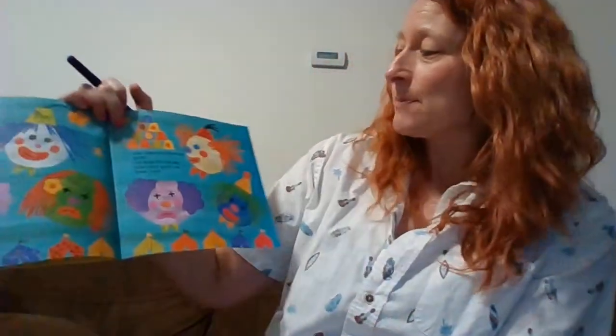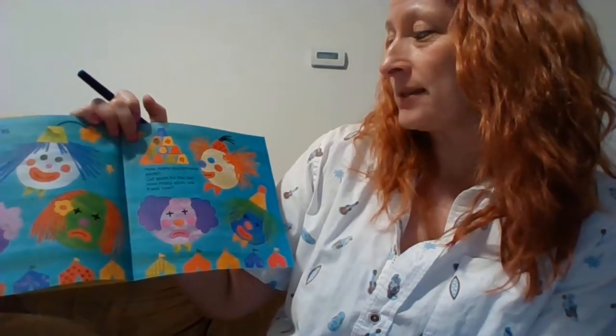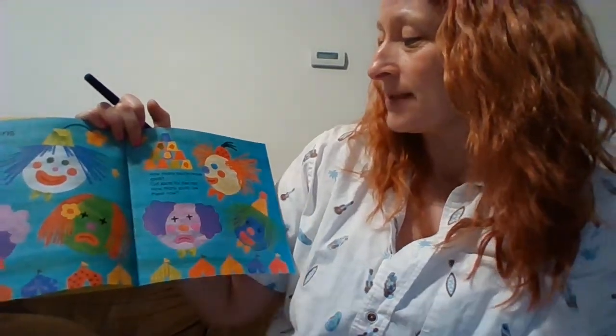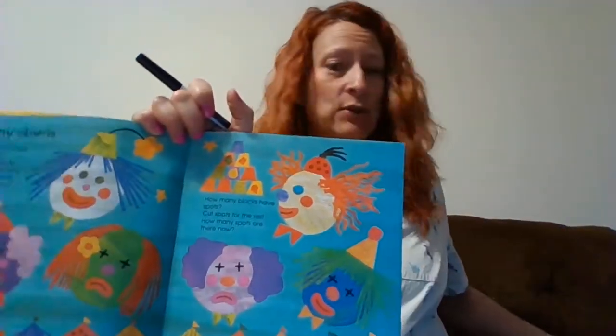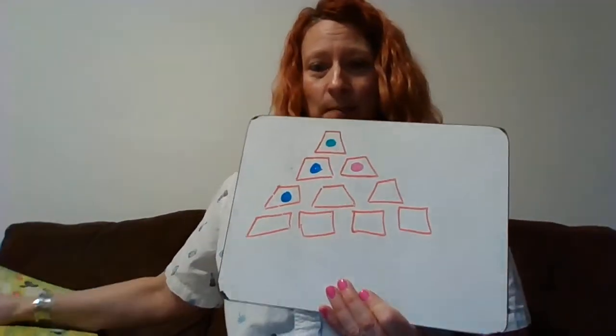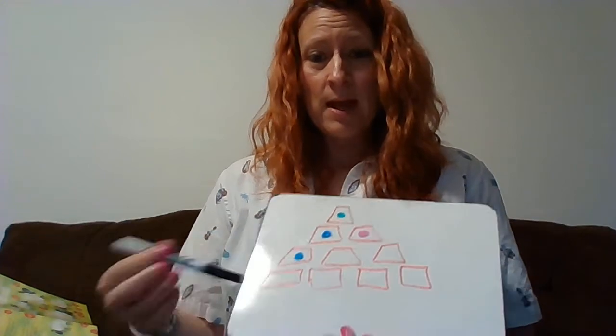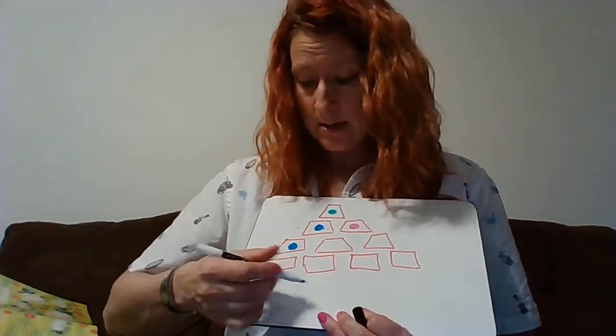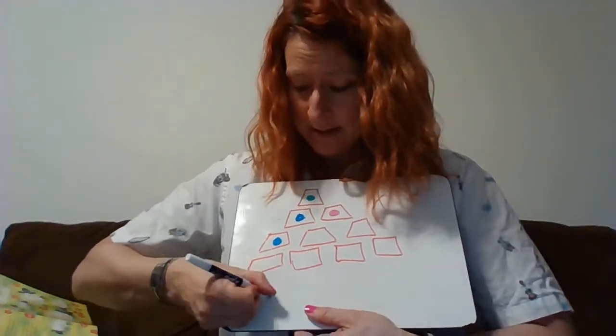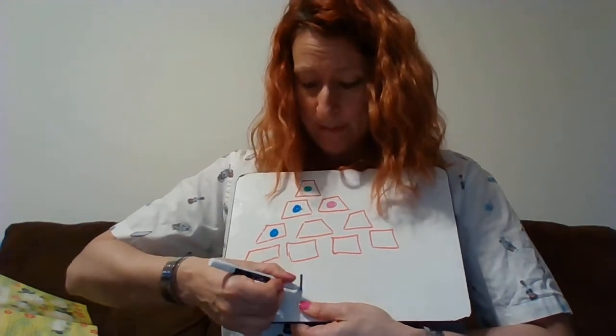Okay. The next thing it says is, how many blocks have spots? Can you cut out spots for the rest to see how many there are now? We're not going to do it that way. We're going to look at my blocks. How many have spots? 1, 2, 3, 4. I have 4 that have spots. Put my plus sign there.